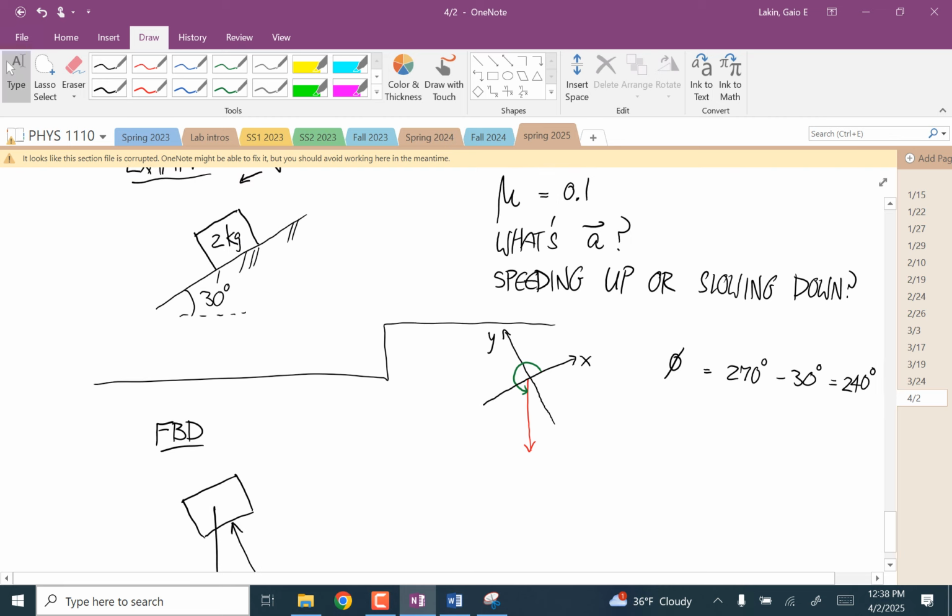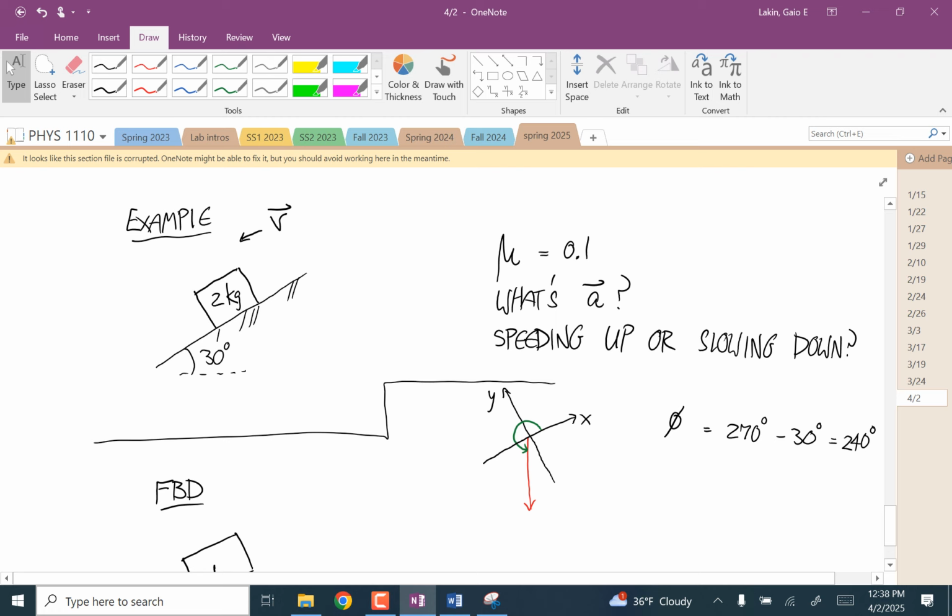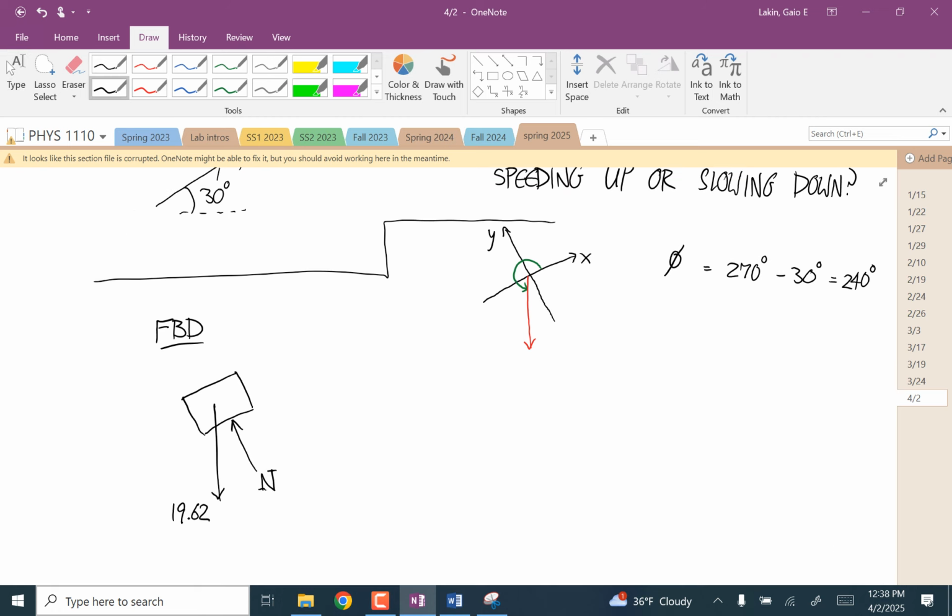And then last, there's the friction force that has to be in the opposite direction of the velocity. So that's along the surface this way. And the magnitude of that force is 0.1, that was our coefficient of friction, times whatever that fancy n is. So 0.1 times n. And that's it.